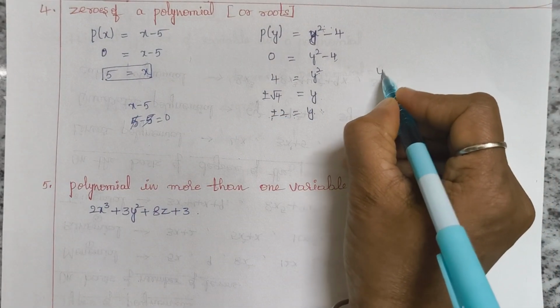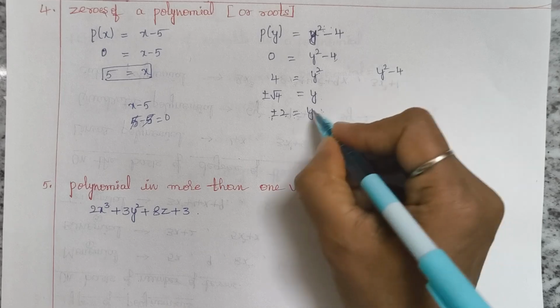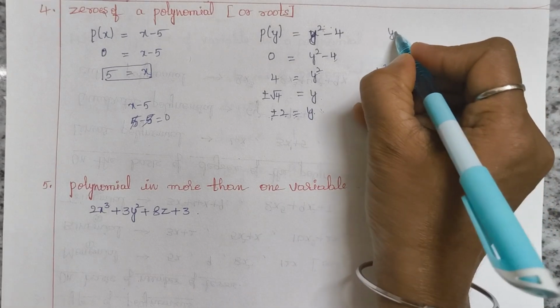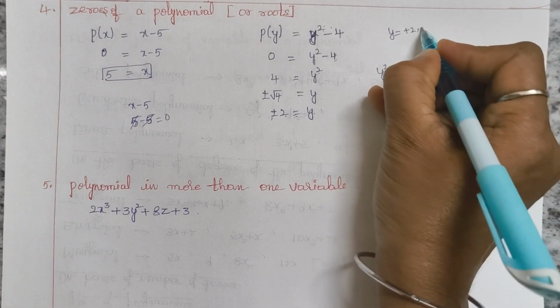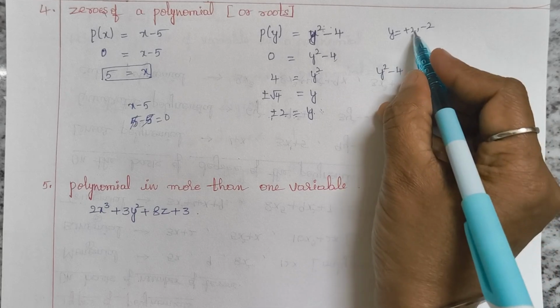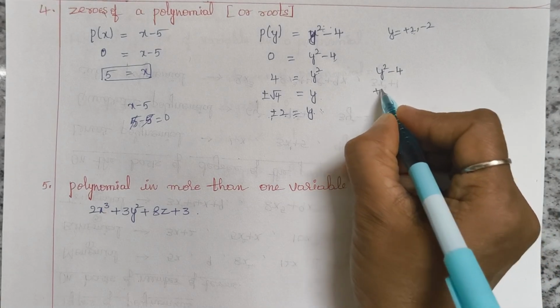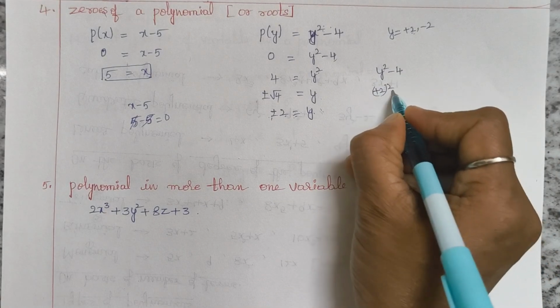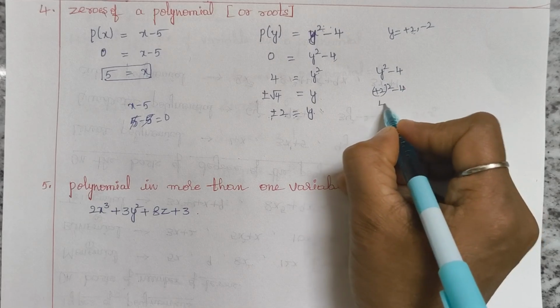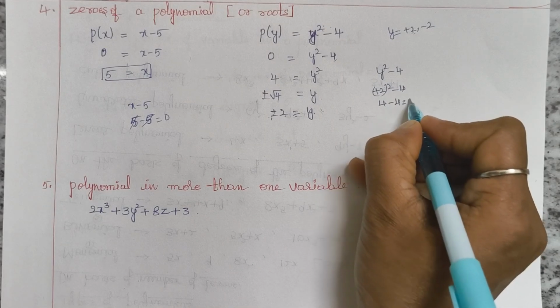See here, y square minus 4 is there. The y values that came are plus 2 and minus 2, both. First I am applying plus 2: plus 2 whole square minus 4. 2 to the power 2 is 4, minus 4, you will get 0.